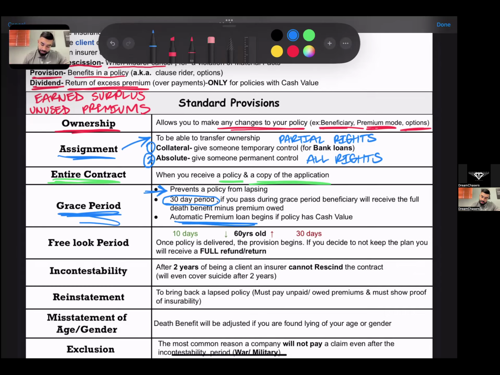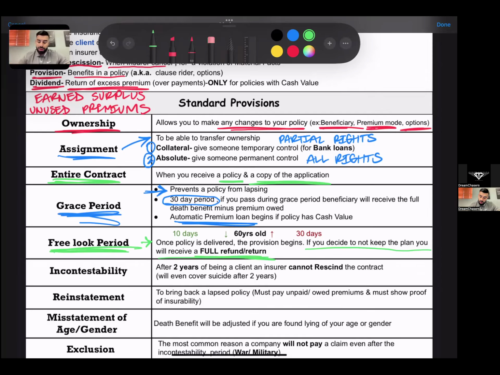Okay. Now, next is the free look period. So the free look period, it says, is once the policy is delivered, signed, and dated, that's when this provision begins. So once the policy is delivered and dated, if you decide to not keep the policy, you will receive a full refund of the deposit that you gave.